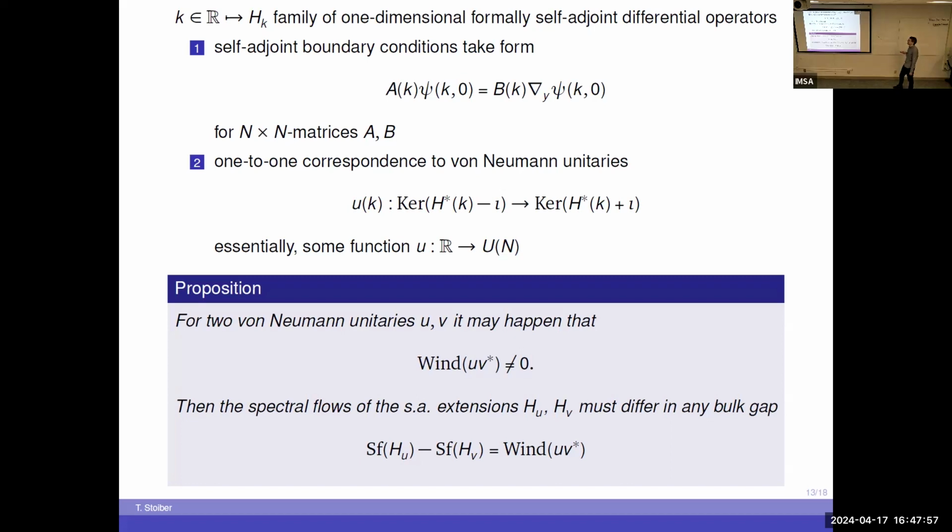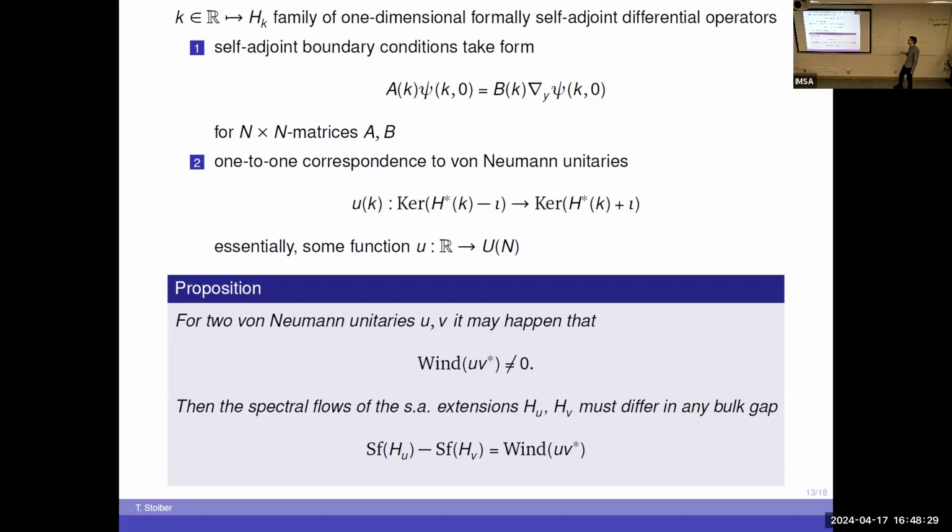In essentially non-technical terms, you classify these boundary conditions by taking functions which take values in the unitary matrices of a certain degree. Then it can happen that we have two such boundary conditions, two such unitary functions, so you may be able to compute a winding number of these two relative to each other. So you compute a winding number of one times the adjoint of the other.